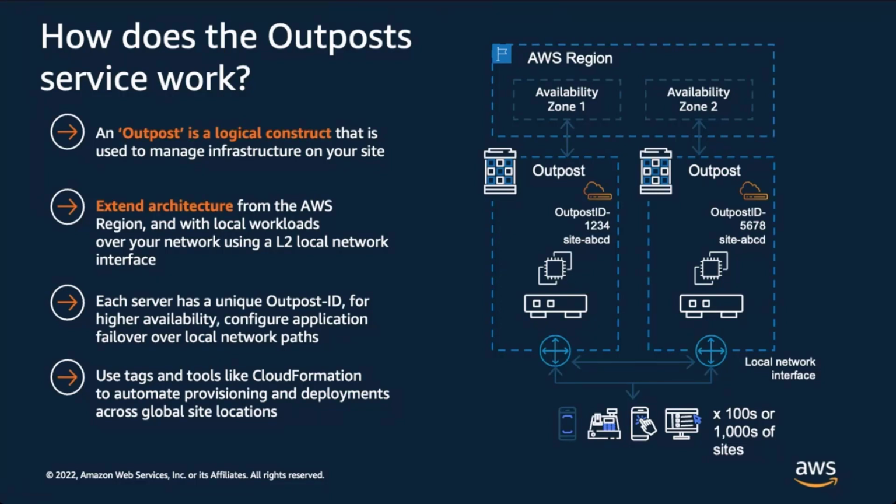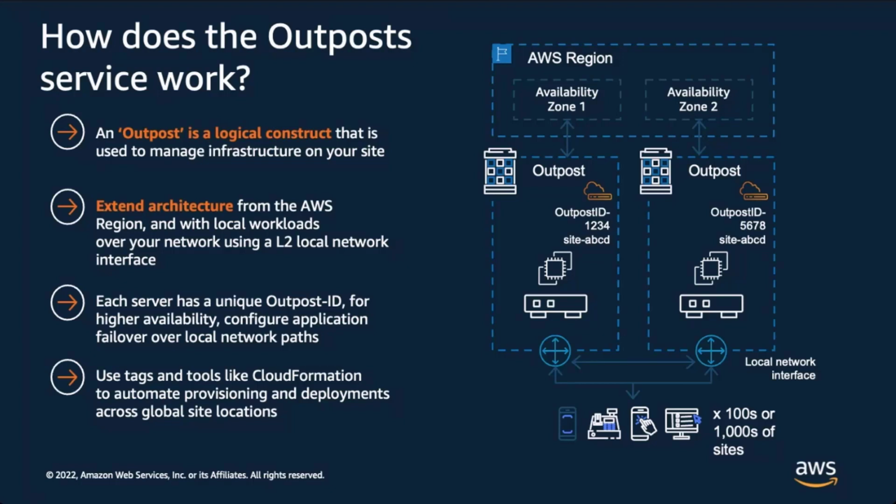So what that means is it needs to be connected back to the region. Outpost we've designed purposely as a connected service. So you're going to need a connection back to the region to maintain the control plane that lives in the region with the things that we're running on the Outpost server or even an Outpost rack.